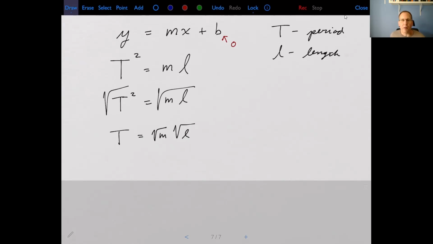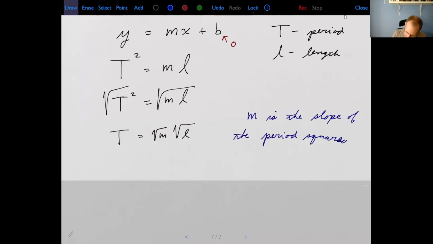Now, you can plug in your m value. Remember what m is. m is the slope of the period squared versus length graph.